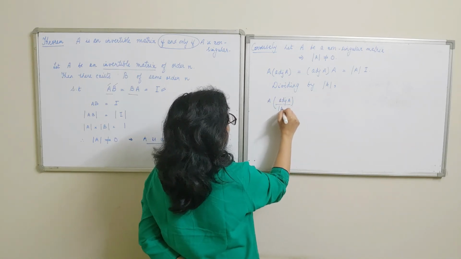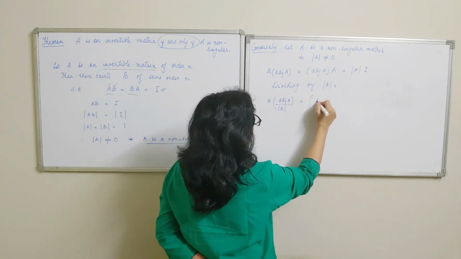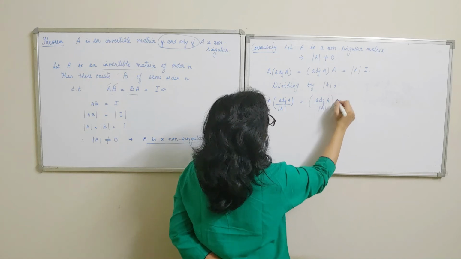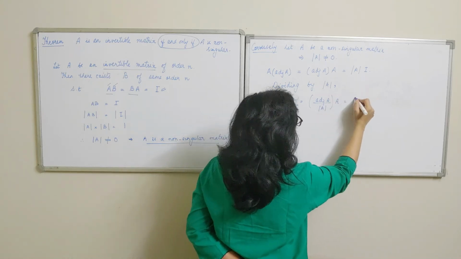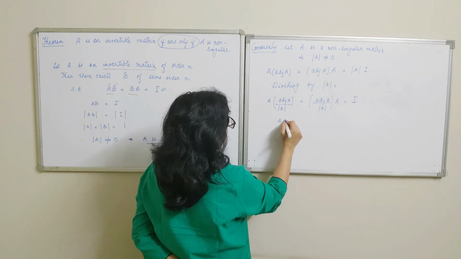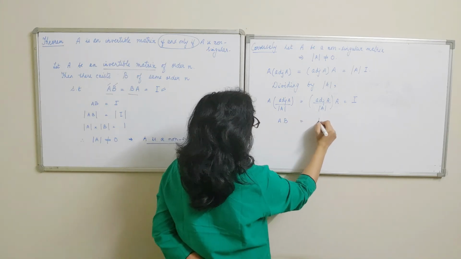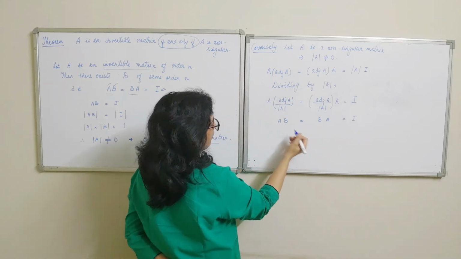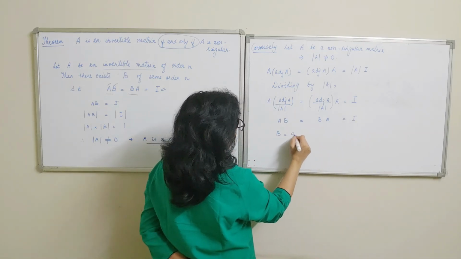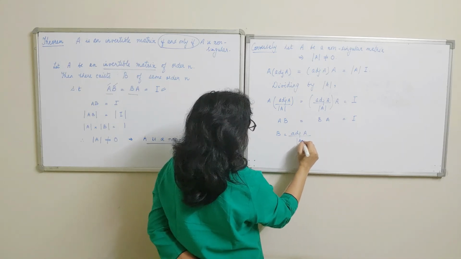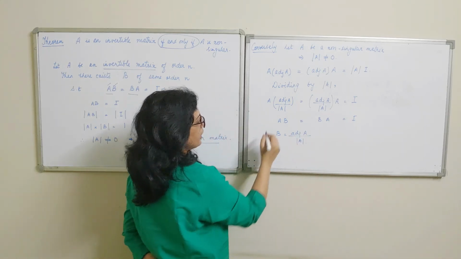So here we have divided by determinant A. Here also, that means we have divided by determinant A, and on this side we get I. So if you look at this equation, it can be almost written like this. You can compare and say that B matrix is basically the adjoint of A divided by the determinant of A, right?